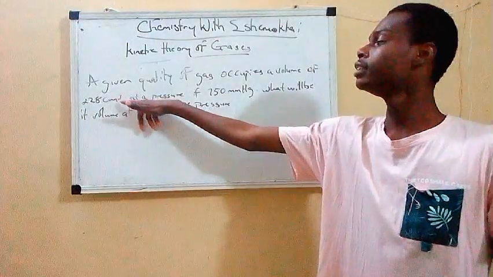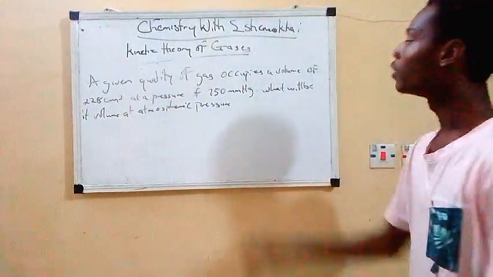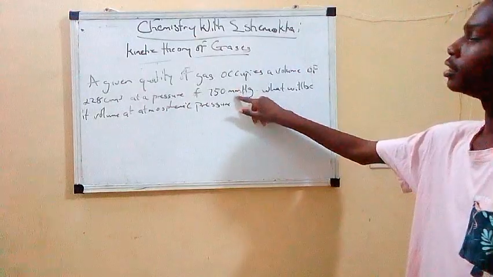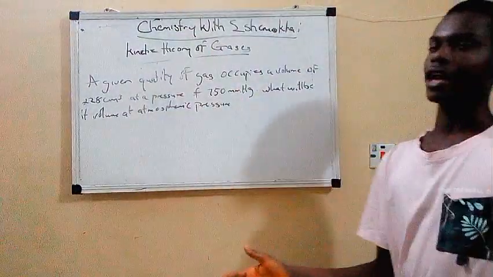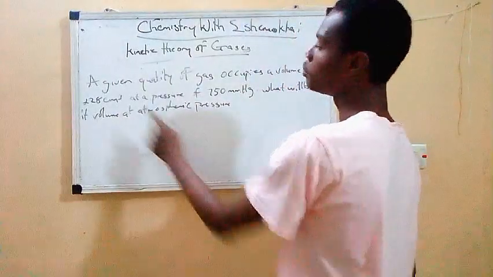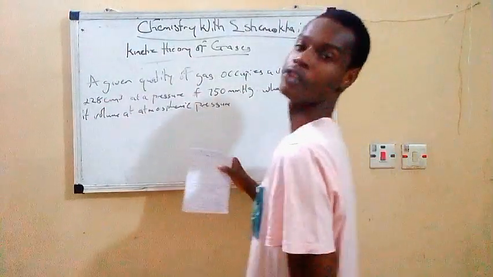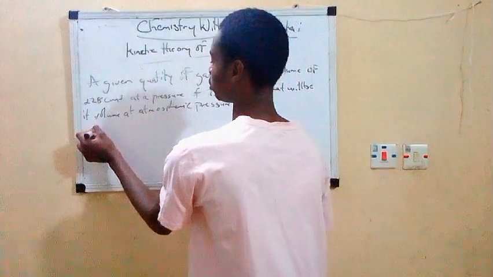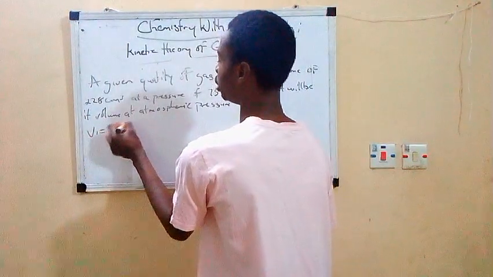Whenever you see centimeter cube, it is volume. Whenever you see this one here, you know it's pressure. Are you getting me? I don't want to waste much time. Now, a given quantity of gas occupies a volume of 228. So our V1 is equal to 228.